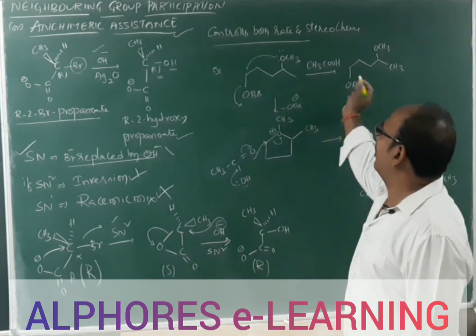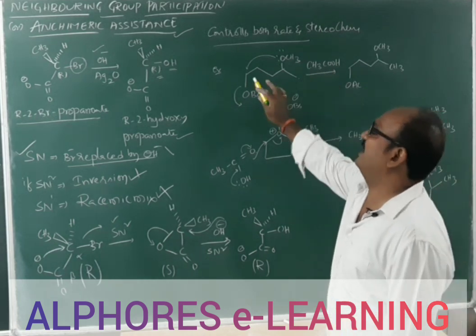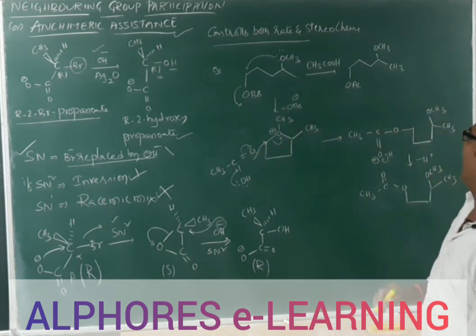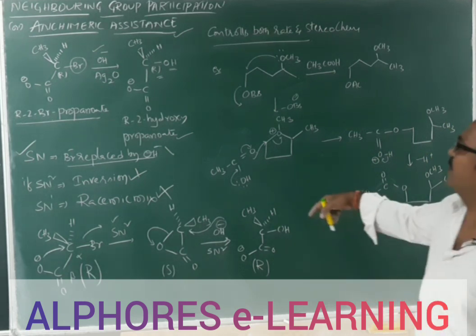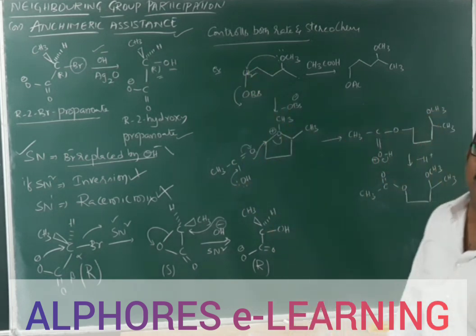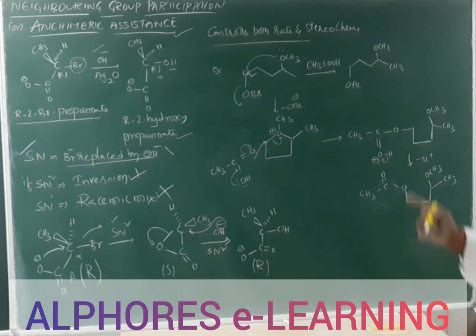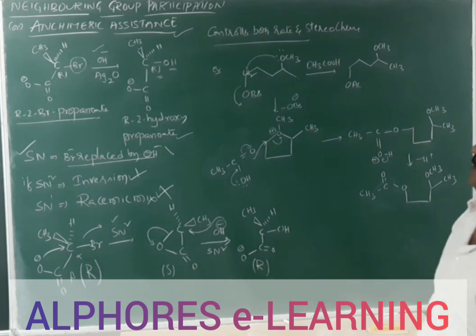So instead of direct substitution, because the neighboring group participates in the mechanism, there are 2 inversions, double inversion, ultimately a retention product. Of course here we cannot notice it because the leaving group containing carbon is not chiral, it has 2 hydrogens. Let us take one more example, and there are so many examples in neighboring group participation.